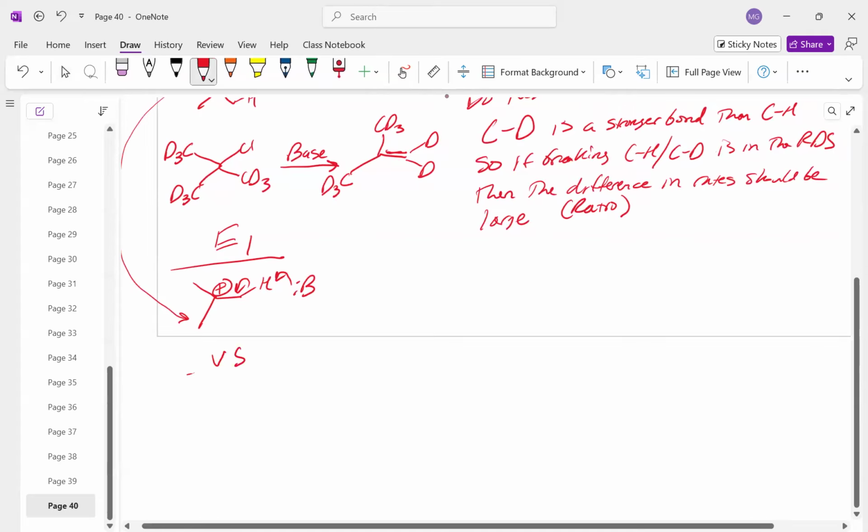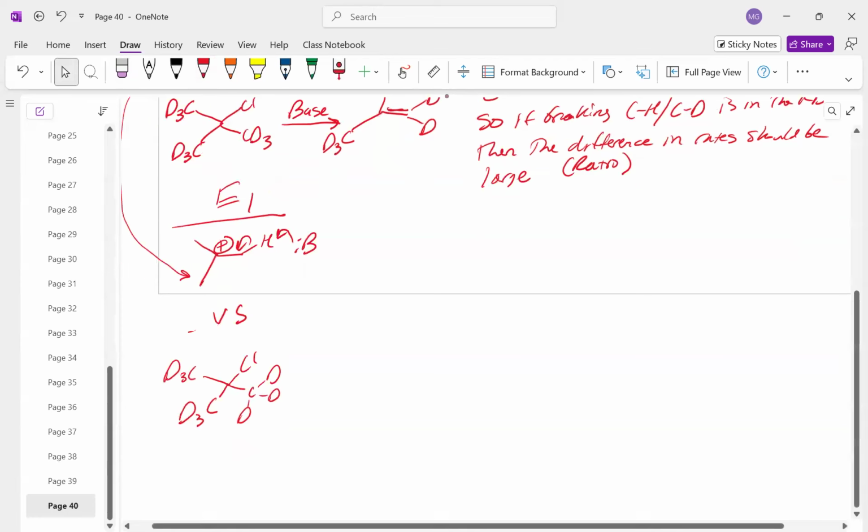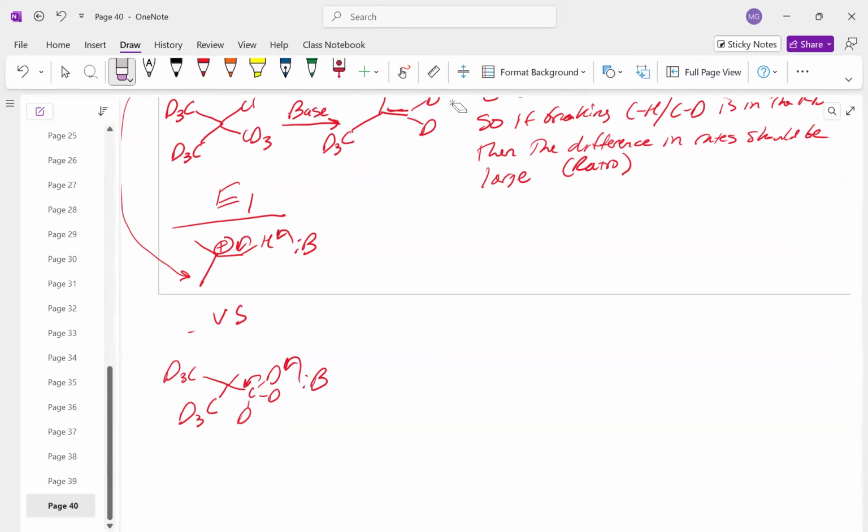Now, if we pulled off a deuterium, that should be a carbocation.